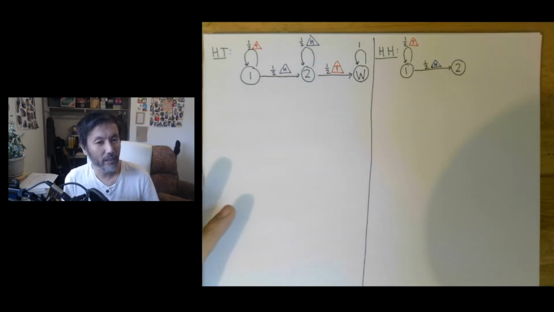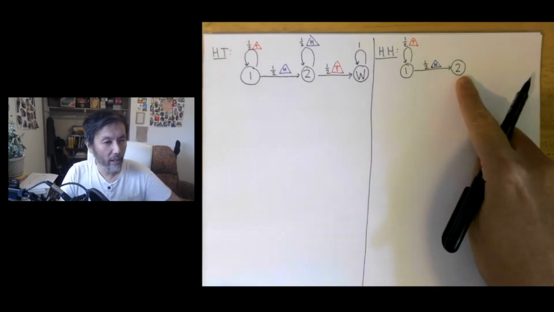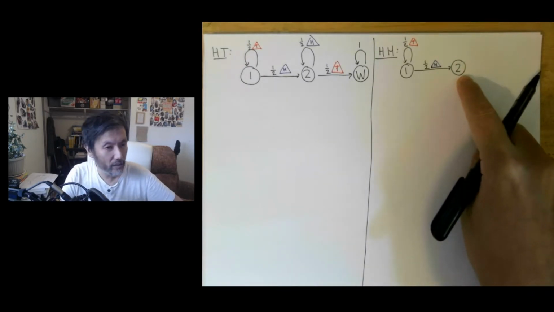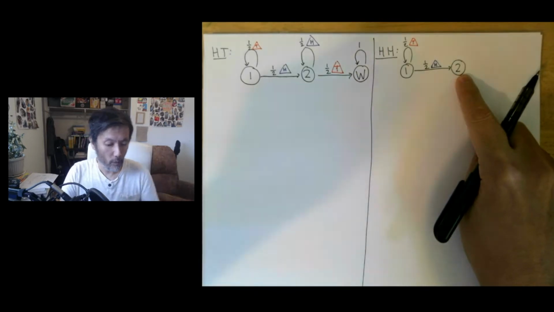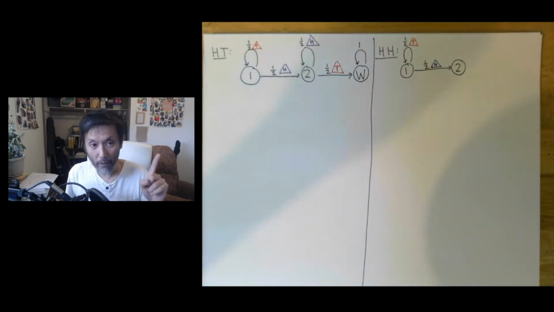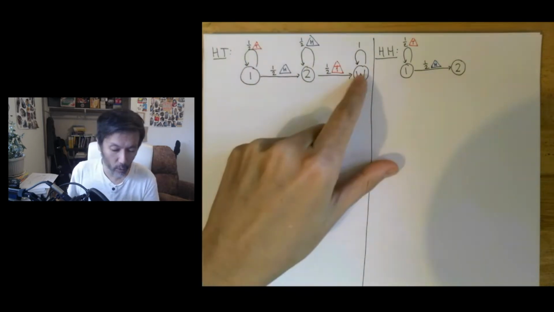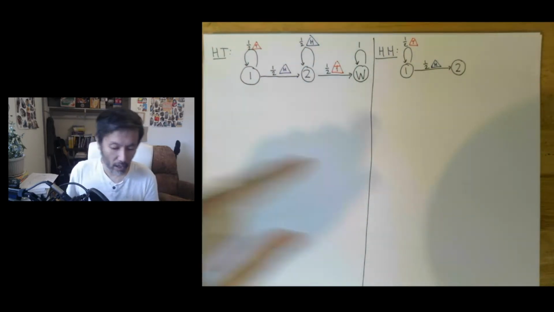Now, here's the key difference between the models. From this state, we can either flip heads or we can flip tails. Of course. But whereas in the previous state, when we flipped heads, and remember, that represented failure to win. If we fail to win now, what does that look like?